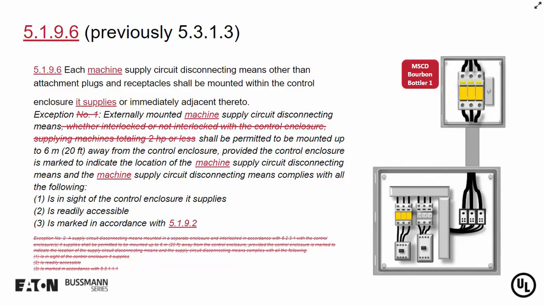What we see here is we have two different types of equipment. We have industrial control panels, and if you look at the slide that I have shown here, the industrial control panel could be just that one enclosure that is downstream of the machine supply circuit disconnect.